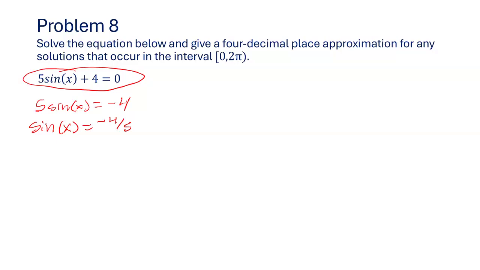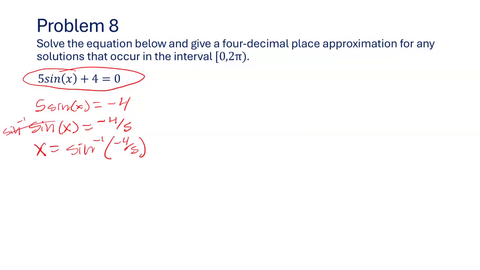Okay, now how do we get rid of a sine? We want to do the inverse of sine. So we can do inverse sine to both sides to get rid of that, to get x equals the arc sine of negative 4/5. And here we can just do the positive one and then make sure we remember that sine is negative to figure out where our solution is.